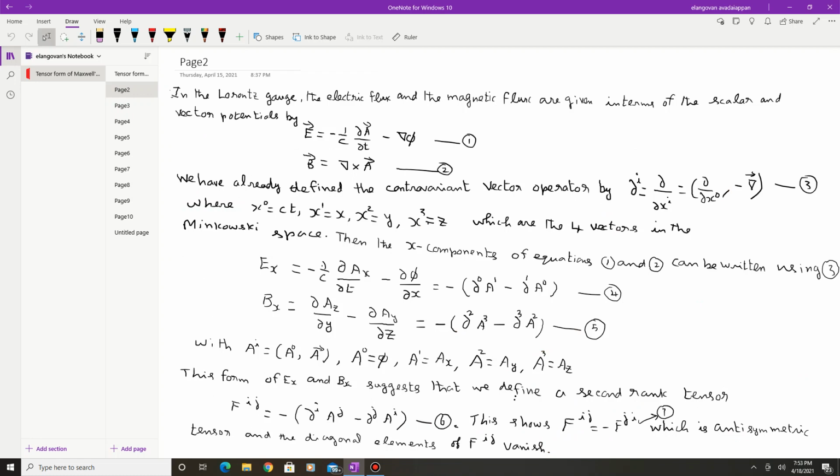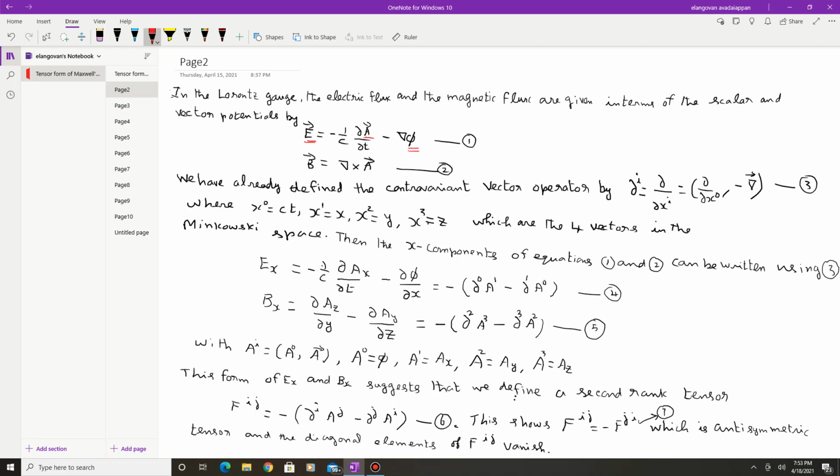Now let us first take the Lorentz gauge. The electric field and the magnetic field are given in terms of the scalar and vector potential. This is E, the electric field vector, and this is the vector potential A. Phi is the scalar potential.